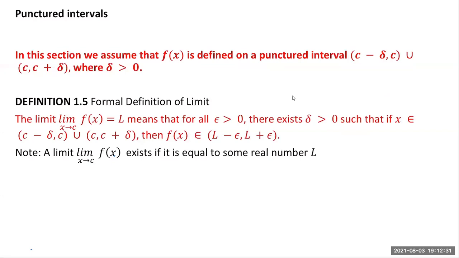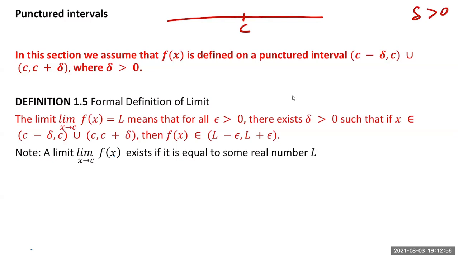All right, before I give a formal definition, I want to introduce something called a punctured interval, okay? Let's understand what we mean by a punctured interval. Suppose this is your real line and you have a point C on the real line, and then I take a positive length delta.